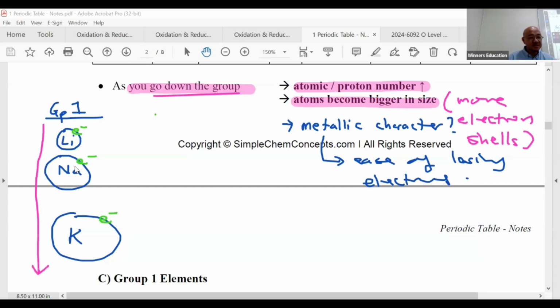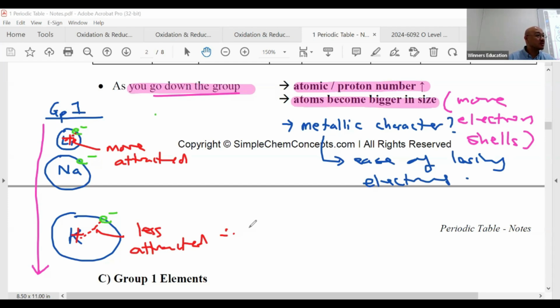It's easier to lose. Why? Because the attraction here to the nucleus is further, less attracted. Here is more attracted. Can you see? To the positive nucleus in the middle. Nearer, more attracted. And over here, further, less attracted. Less attracted, therefore means what?